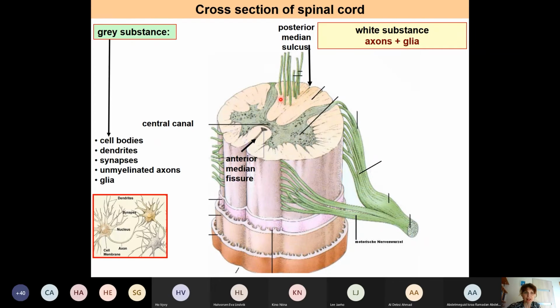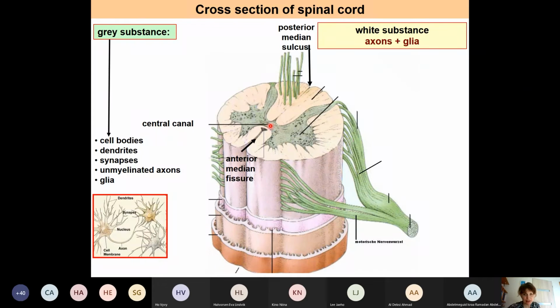And the gray substance is located in the center, so that means here we will find the cell bodies of the neurons, the dendrites with synapses, and also the starting portions of the axons, and these are unmyelinated axons in this area, and naturally also glial cells.